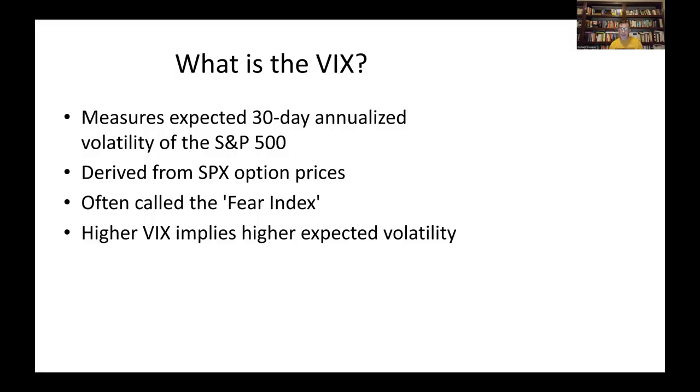And these options are actually out of the money, meaning that they're slightly higher than the value of the S&P 500 for the calls and slightly lower for the put options. And the way we do the calculations, especially for the VIX, is that there's a greater weight put on the values that we calculate from the put options versus the call options.